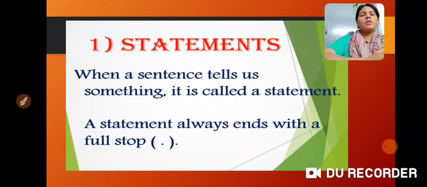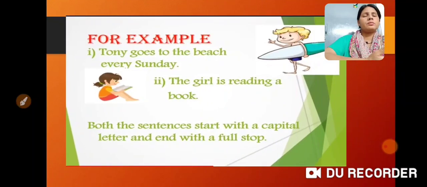When a sentence tells us something, it is called a statement, and a statement always ends with a full stop. For example, Tony goes to the beach every Sunday. This is a statement, and it is telling us something, so it ends with a full stop.